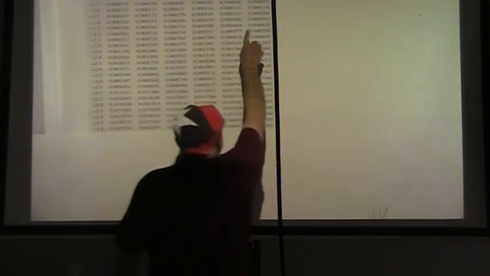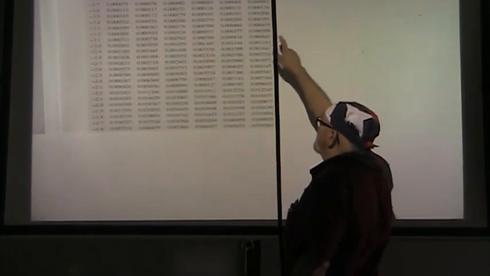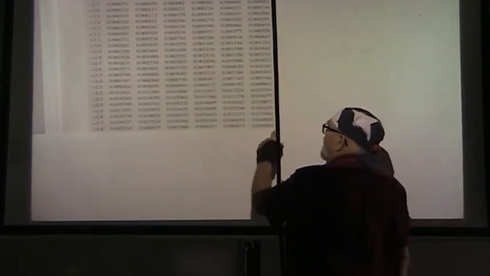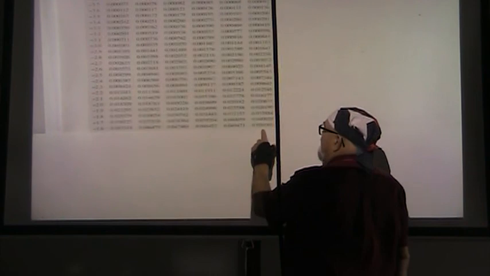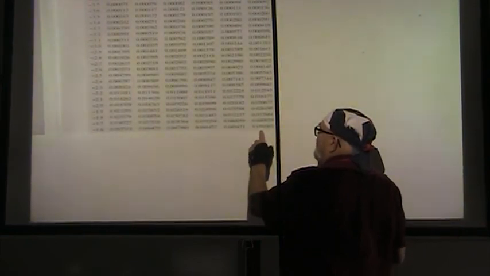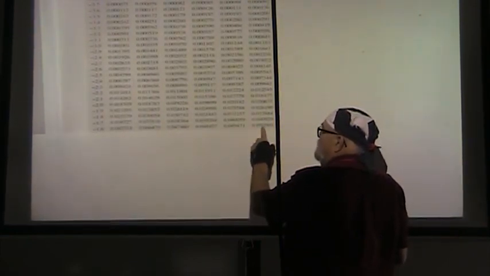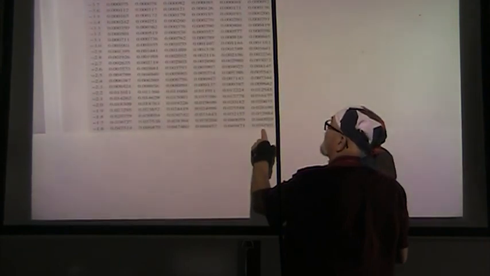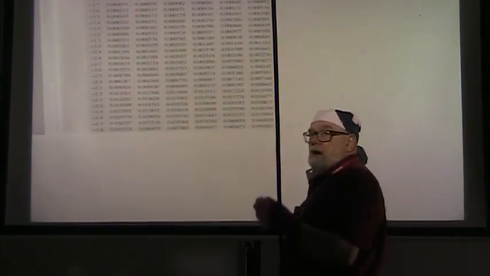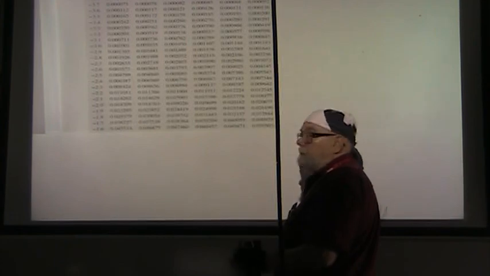Right? So, right here, I've got negative 1.6, negative 0.04, right? So that would mean that we're choosing this number, which would be a negative 1.64.